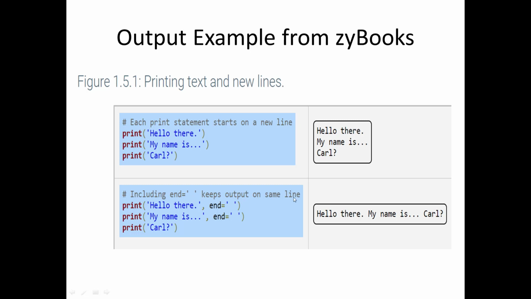This will keep our output on the same line. So we'll print the string hello there, comma, end equals single quotes, and then my name is, end equals single quotes, and Carl. And notice this makes the statement print on the same line.